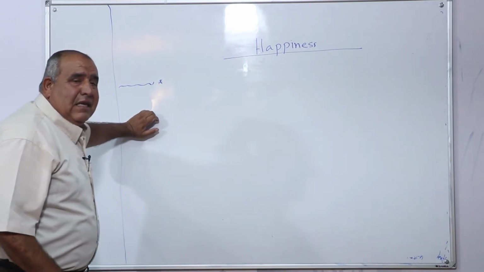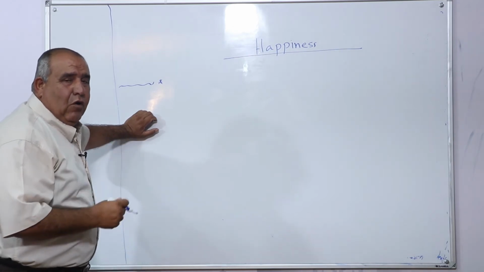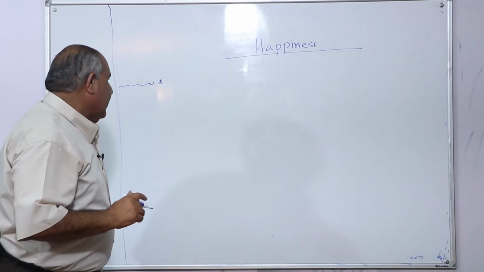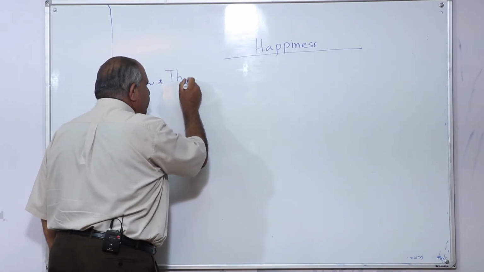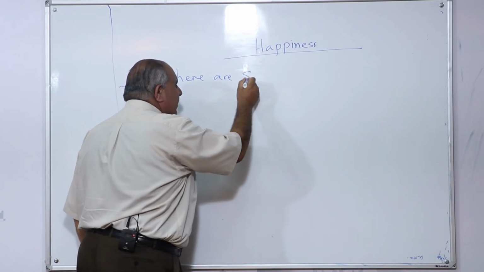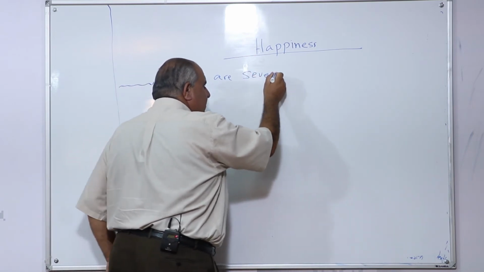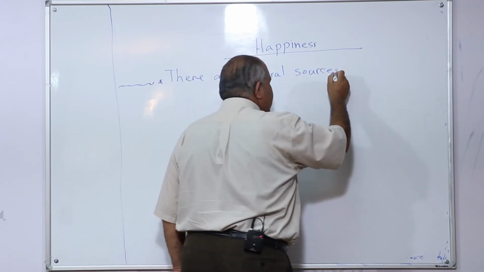The first line expresses the whole subject we are going to write about, which is happiness. We say, for example, there are several sources of happiness.